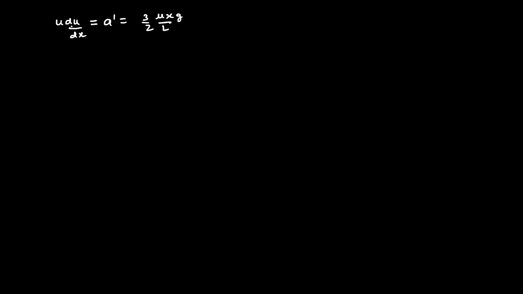Magnitude wise it's fine, but direction wise, the acceleration would be the negative of this, negative of 3 by 2 mu g by L x, since the acceleration and the movement are in opposite senses. Anyway, u du equals 3 by 2 mu g by L times x times dx. Suppose dx is positive, and acceleration is in this way, so speed is going to reduce.